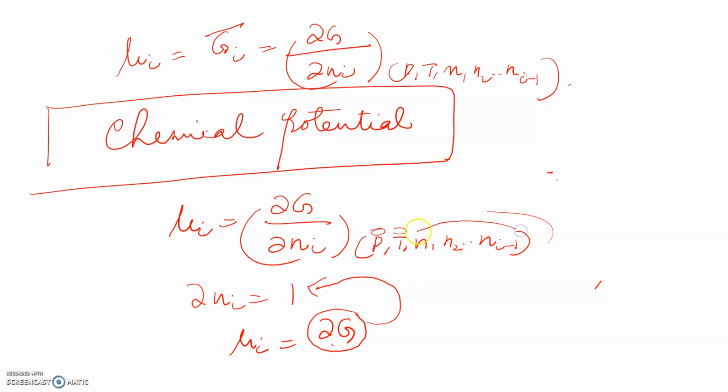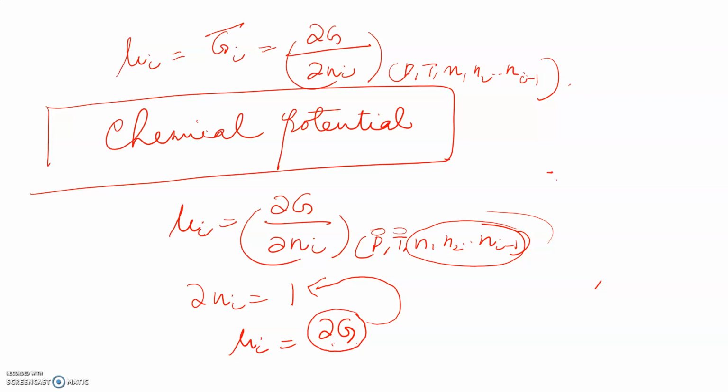In order to define this term, we say at constant temperature and pressure to a large bulk of the system so that its composition does not undergo any change.